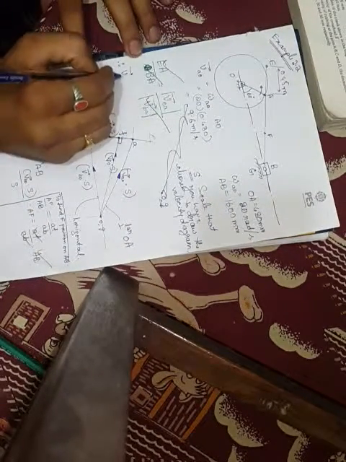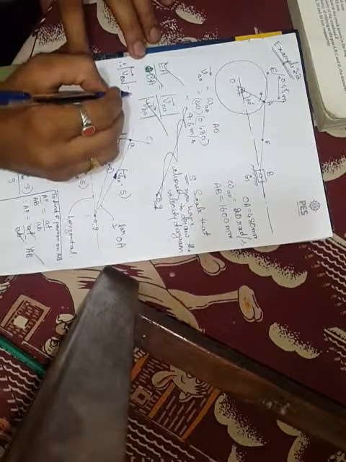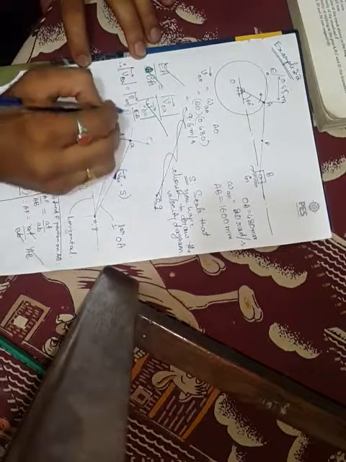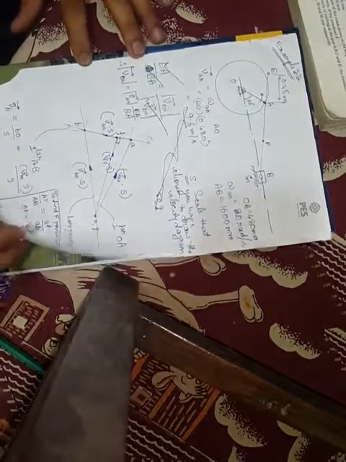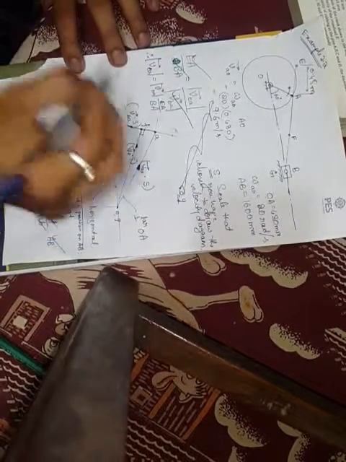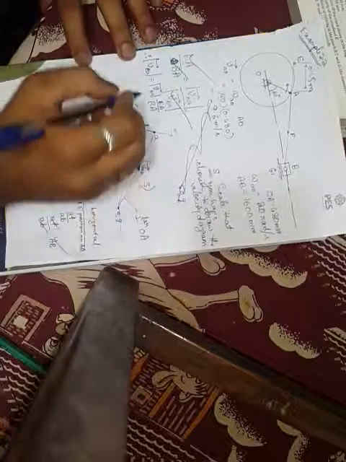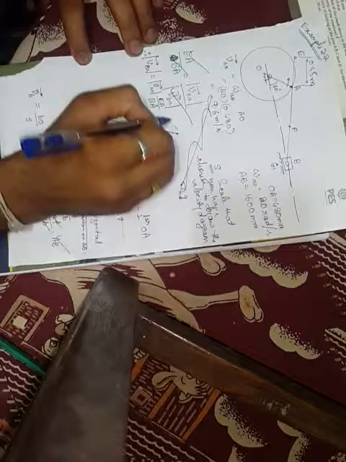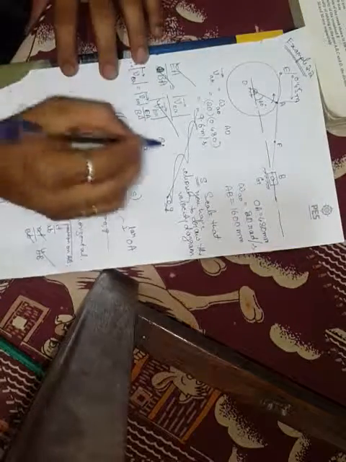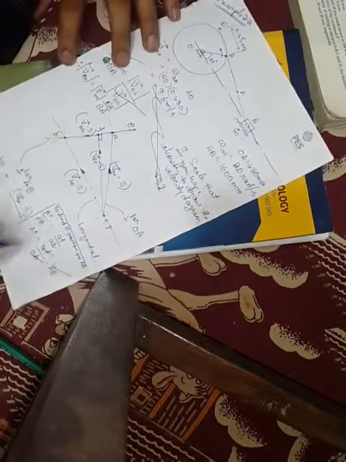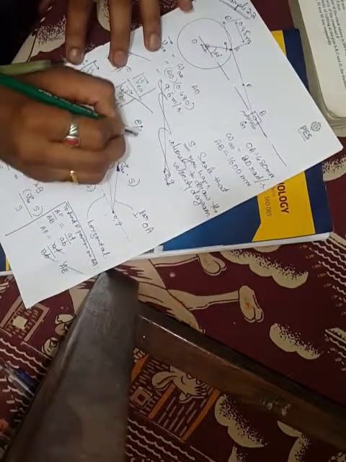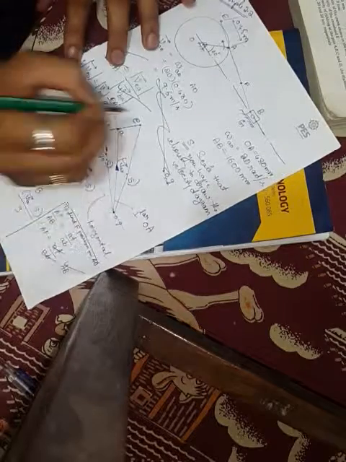Therefore, VEA is going to be VBA into EA by BA, right? So now we know this value, you measure it and then mark it, and that is your point E. Now if you want to find the absolute velocity of point E with respect to O, join EO.